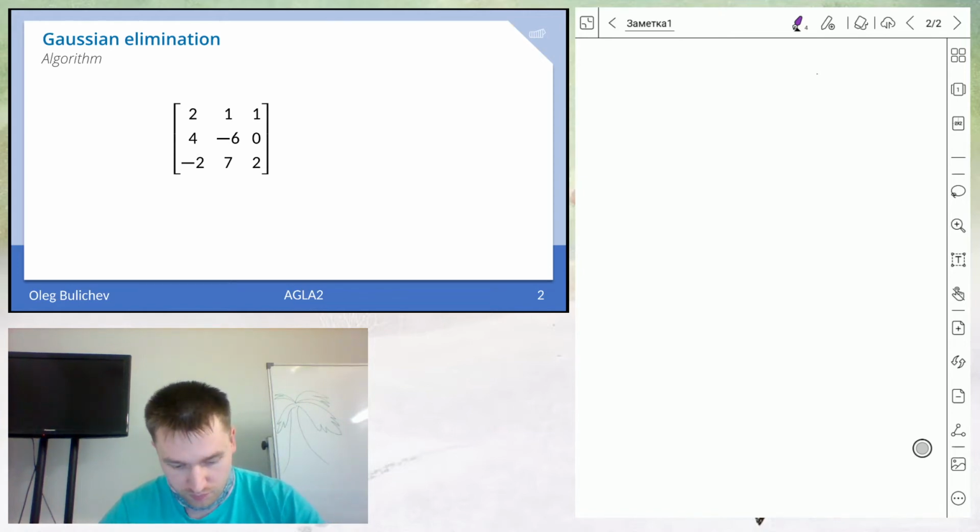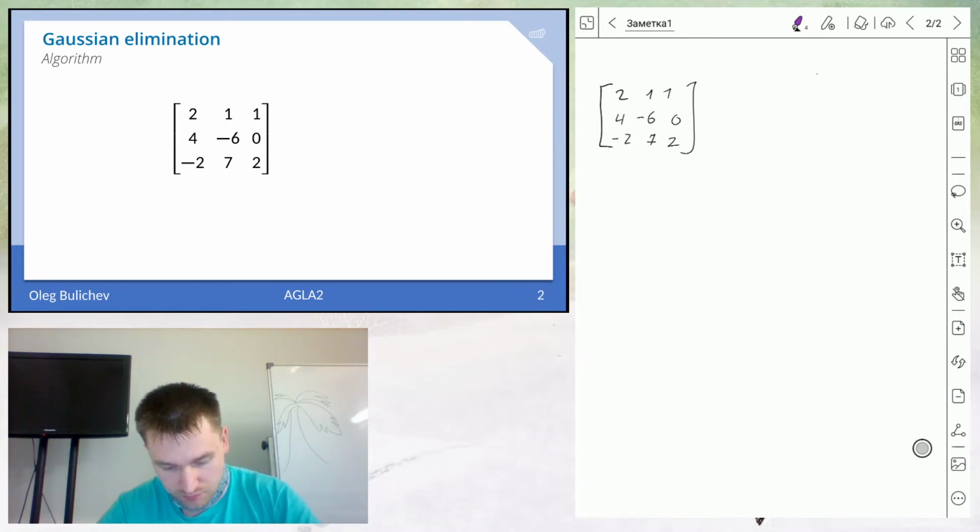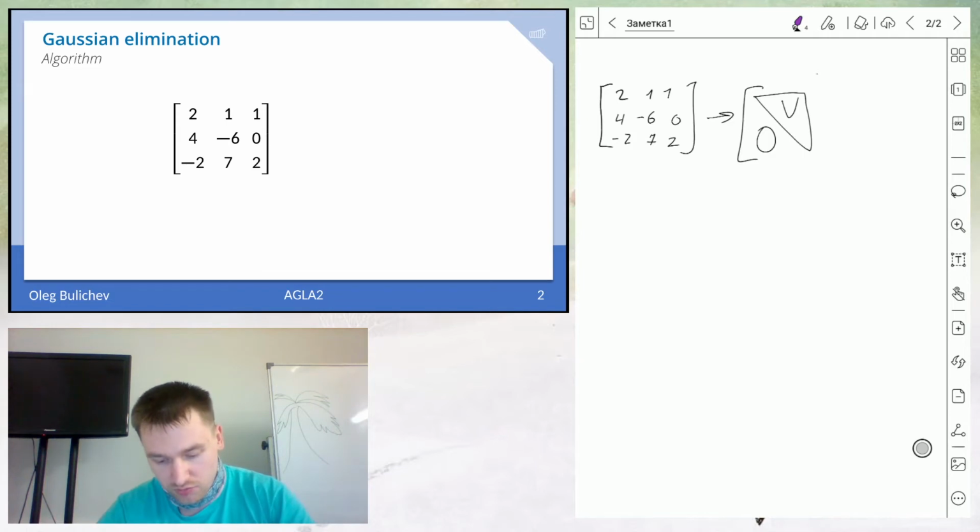So we have the matrix 2, 1, 1, 4, minus 6, 0, minus 2, 7, 2. And our goal is to obtain such a matrix that we will have some values and zeros below. It's Gauss elimination.